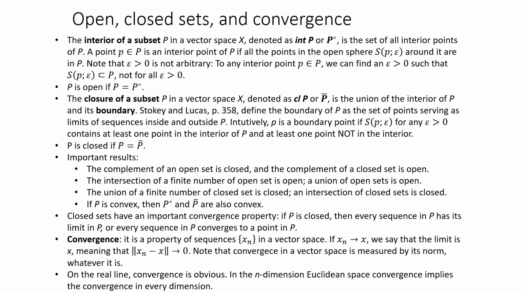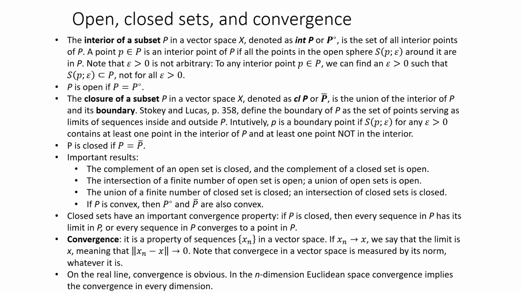Very importantly, epsilon is not arbitrary. When it comes to checking if a point is an interior point or not, we must be able to find a strictly positive number epsilon, which serves as the radius of an open sphere around the point.